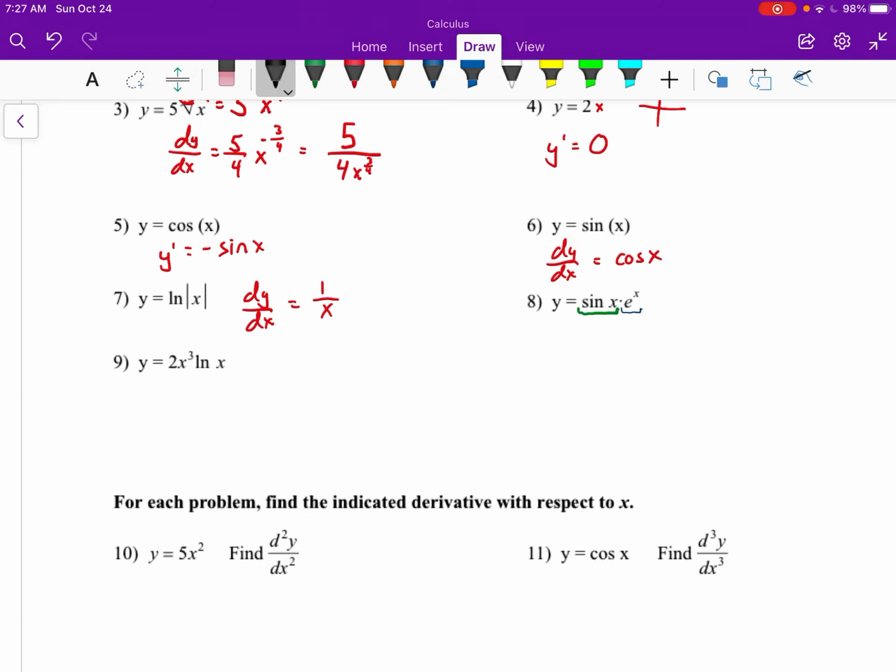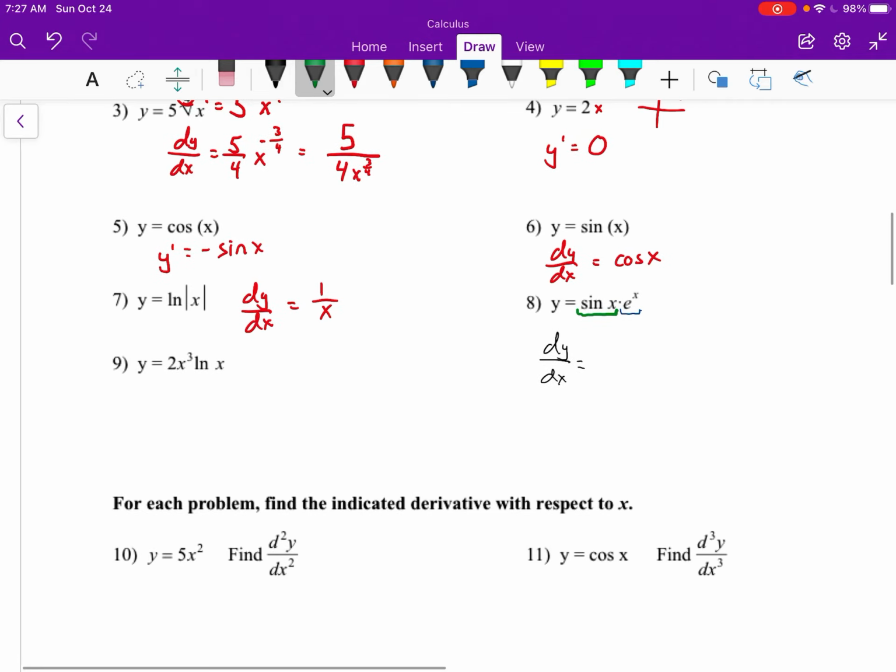And so we can write dy dx equals first, so that's just sine of x, times the derivative of the second, which the derivative of e to the x is just e to the x, plus second, which is e to the x, times the derivative of the first, the derivative of sine is cosine.